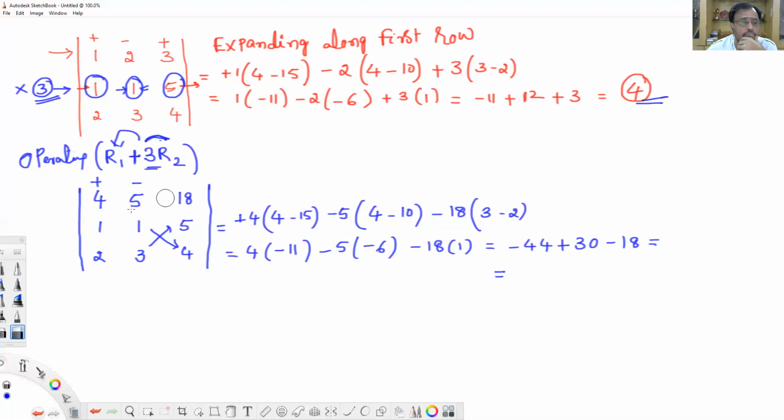This is plus here, so this will become plus 18. So 48. Minus 44 plus 48. The result is again 4.